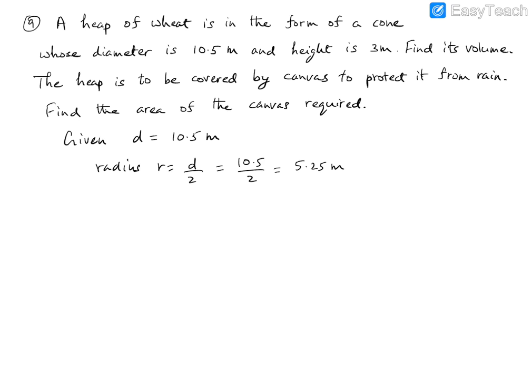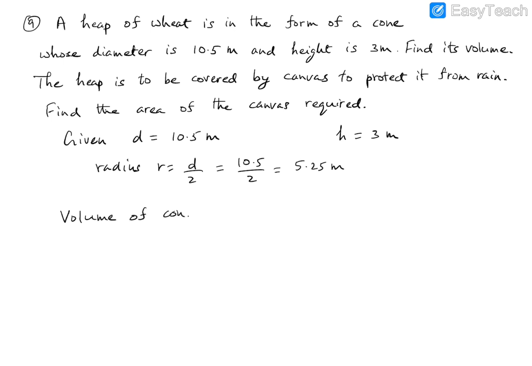The other parameter given to us is the height h, which is given as 3 meters, and we have to calculate the volume of the cone because the heap is in the form of a cone. So therefore we have to compute the volume of the cone.